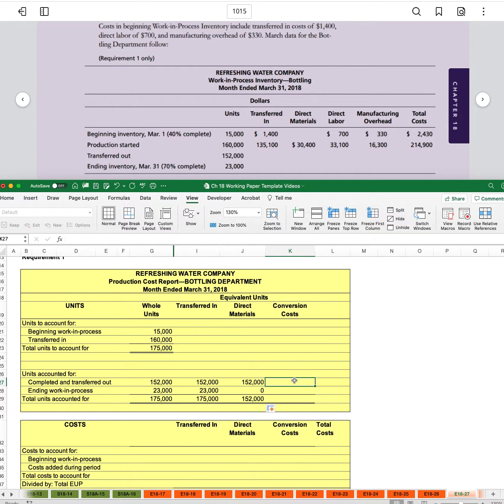As far as conversion costs go, they're added evenly throughout the process. So if it's completed and transferred out, it's 100%.